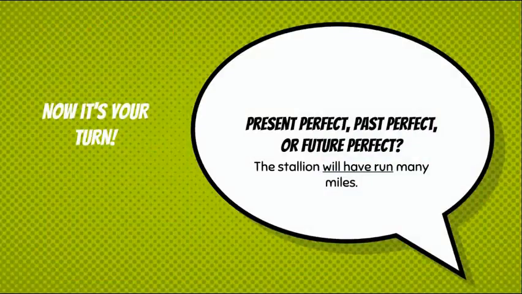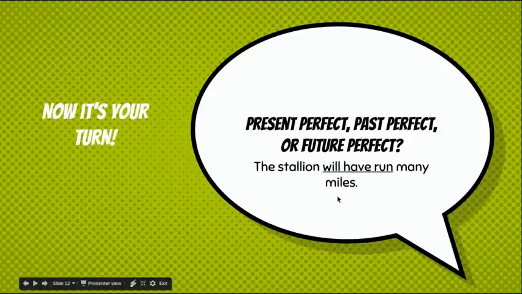Now it's your turn. Let's practice. Present perfect, past perfect, or future perfect. Can you guess what type of sentence this is? The stallion will have run many miles. So take a look. You've got the participle here, run.